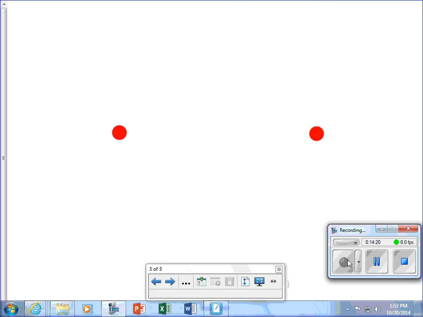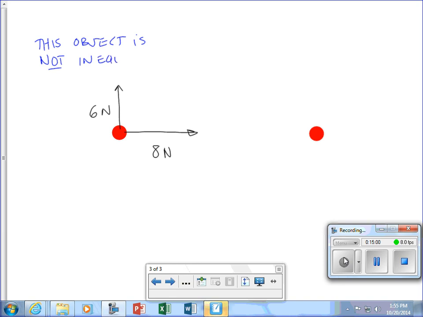Let's talk about a couple of other cases where the forces or their orientations aren't quite as simple. So let's look at a case like this where we have a force, let's call it 8 newtons. And we have a force like this, let's call it 6 newtons. Now, hopefully what we can tell is that this object is not in equilibrium.